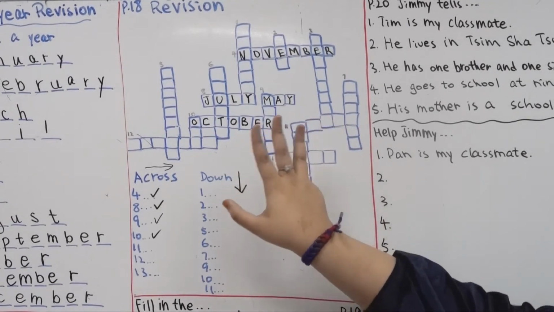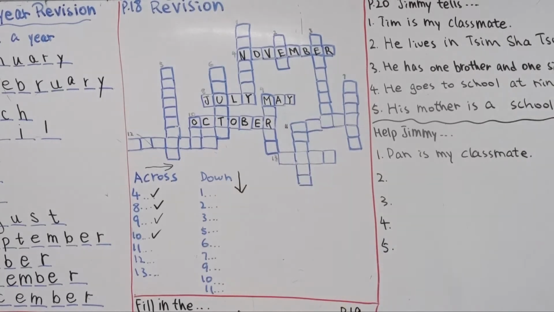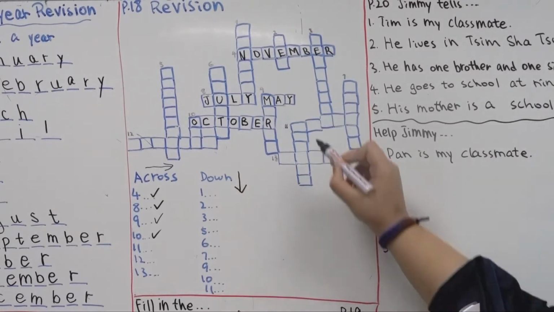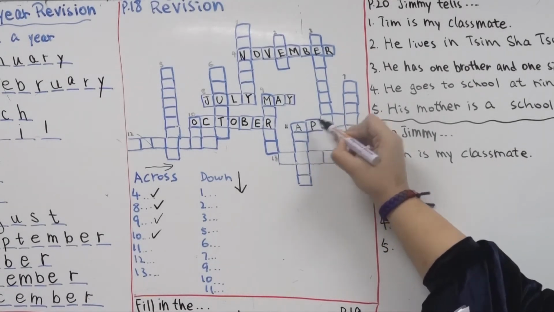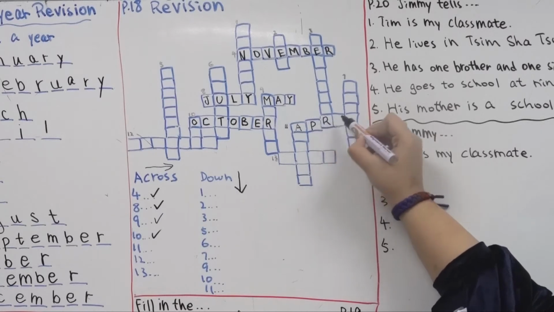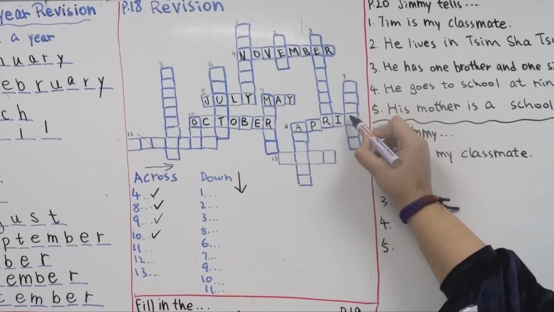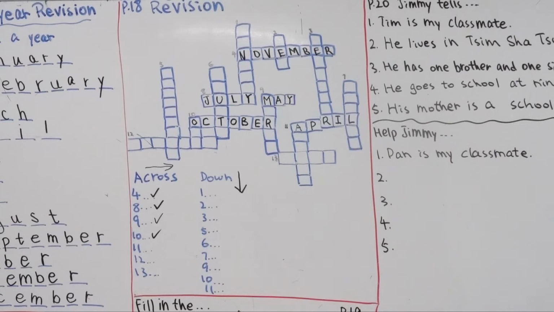Yes, the fourth one is April. So how do we spell April? April is spelled as A-P-R-I-L. April. Okay, April.